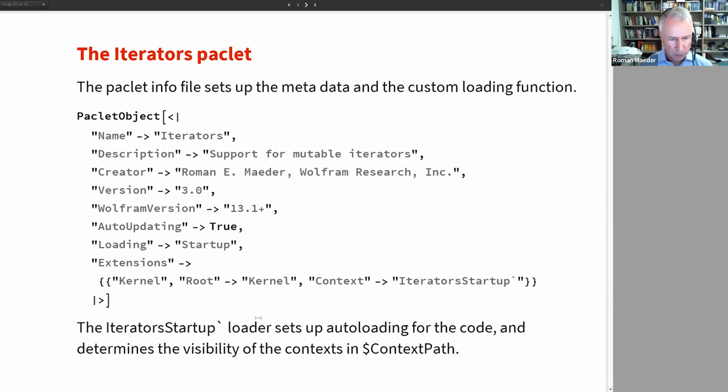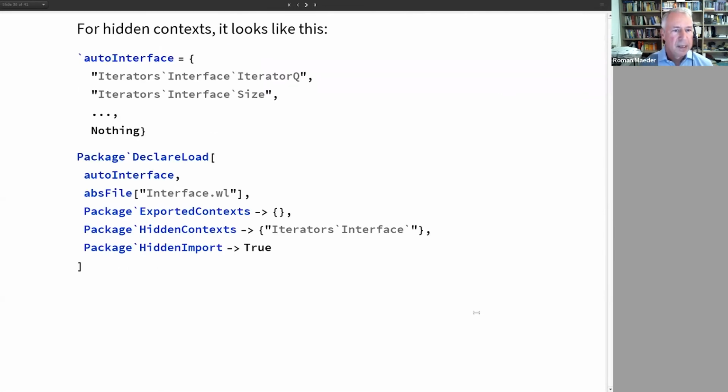All of this code will be in a paclet. So let me quickly show you some of the software engineering behind these paclets. So this is how the paclet looks, and it defines code and it defines a startup file. Now, simple paclets figure out the auto-loading and everything automatically. Now, this is a little bit more complicated.